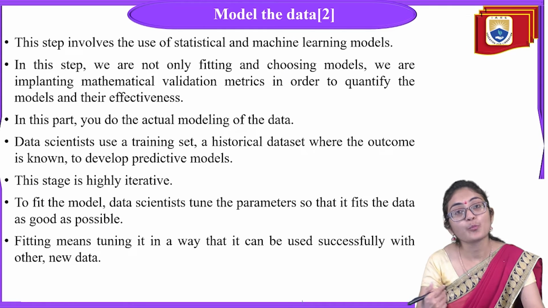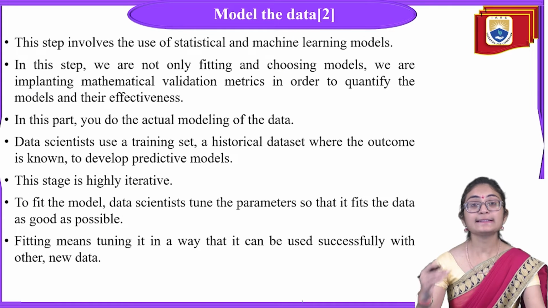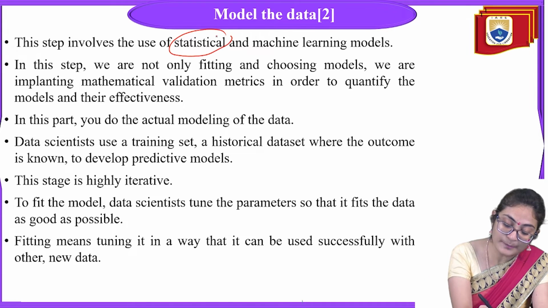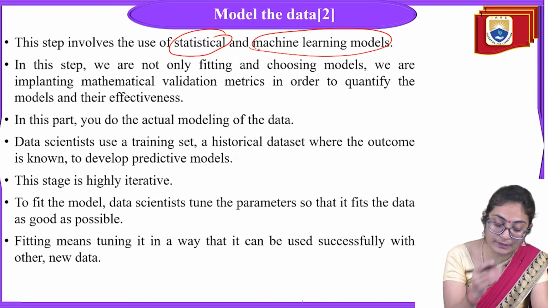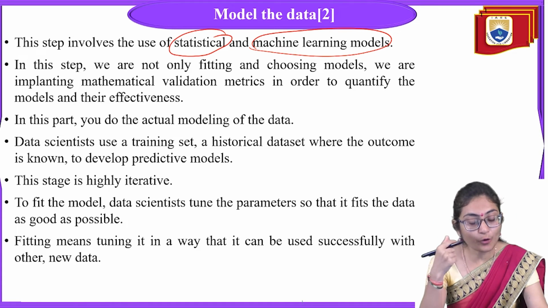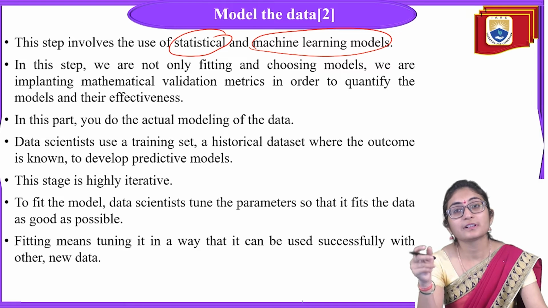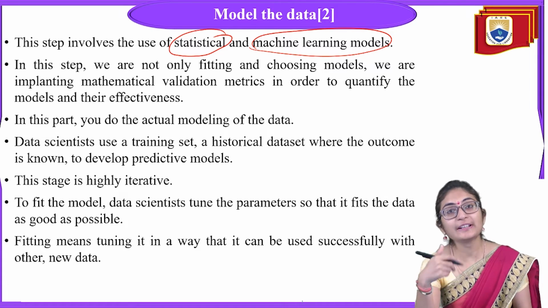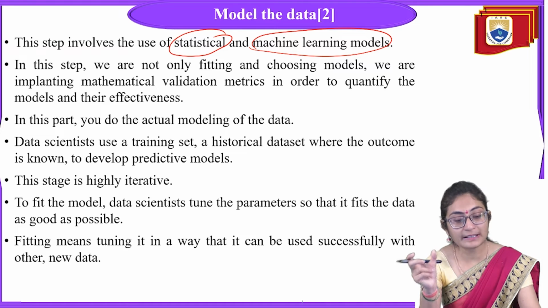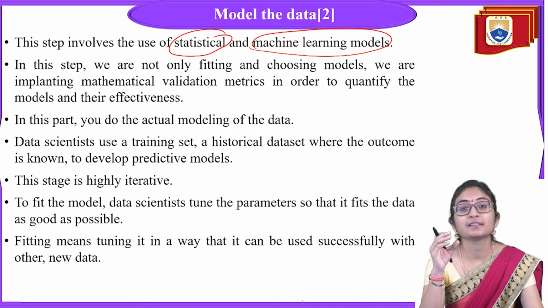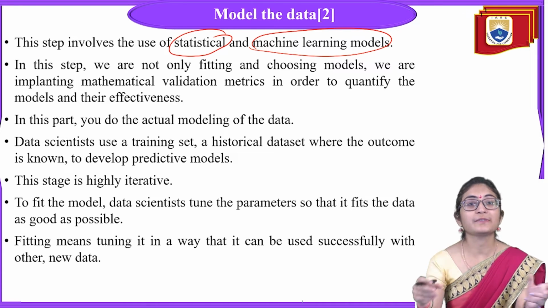The next one is model the data. Generally, this step involves the use of statistical and machine learning models. We are not only fitting or selecting the models; we are also implementing mathematical validations and metrics which quantify the models and give their effectiveness.